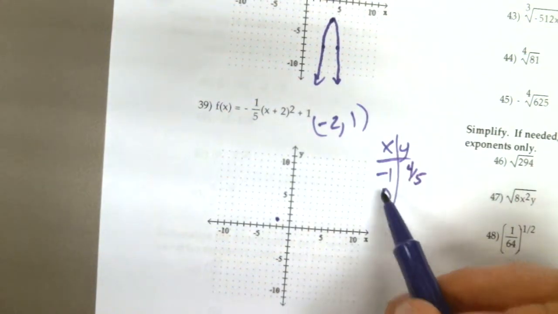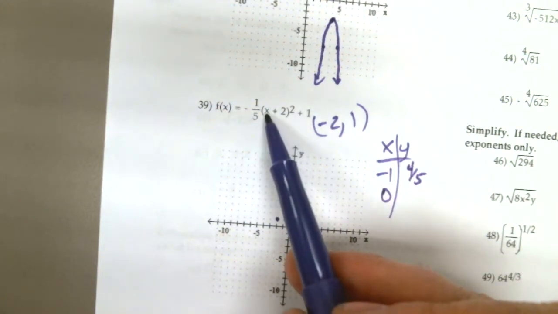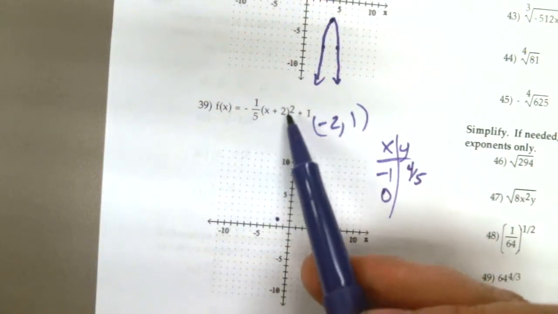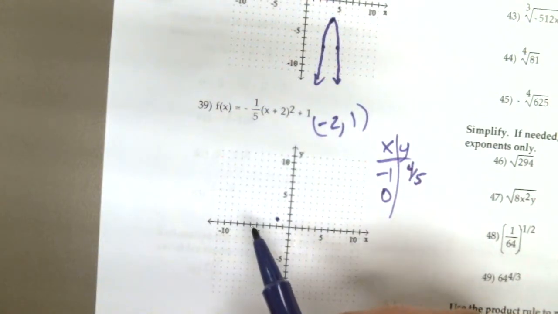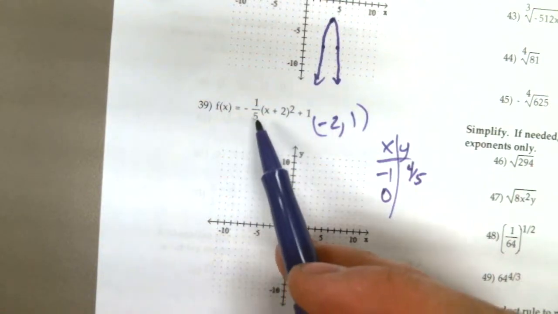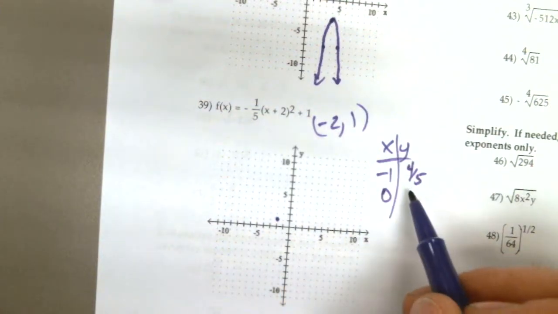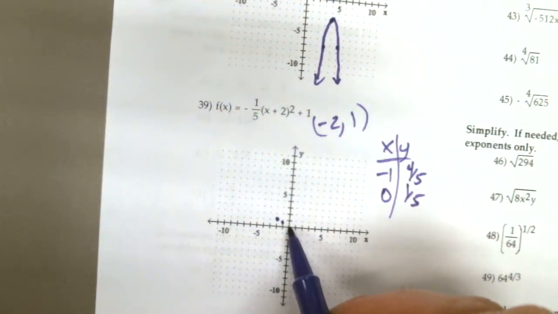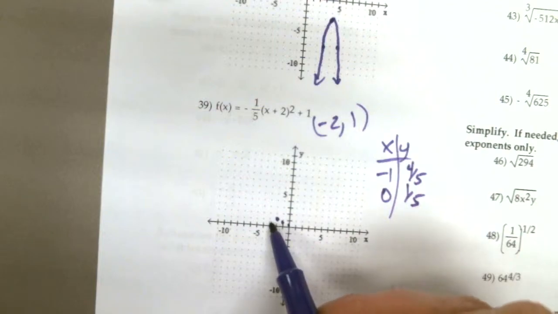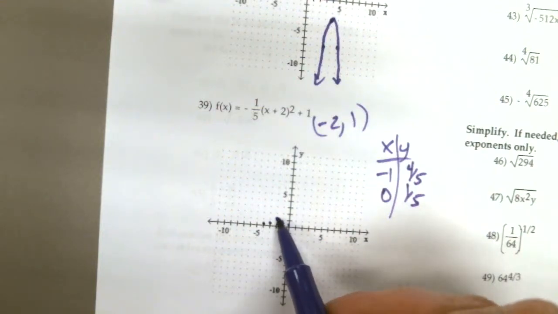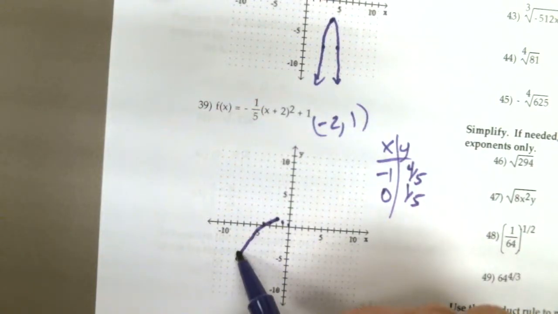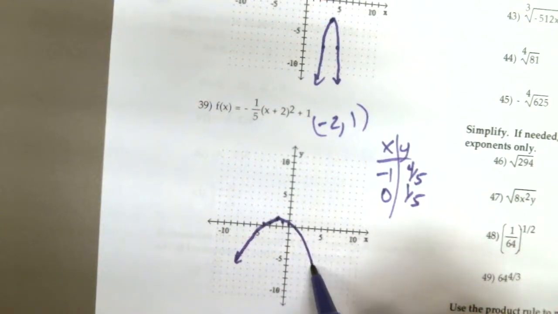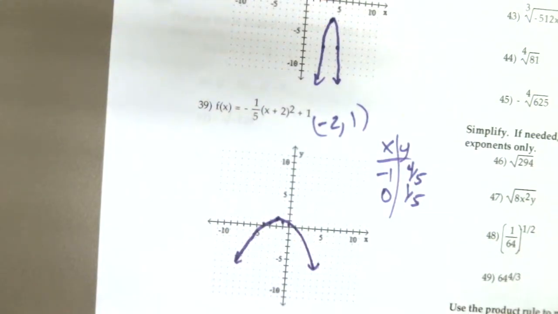Let's put in a 0. 0 plus 2 is 2. 2 squared is 4. 4 times negative 1/5 is negative 4/5. Negative 4/5 plus 1 is positive 1/5. So it's going to be symmetric on the other side, and we know that it's going to be very wide and open down.